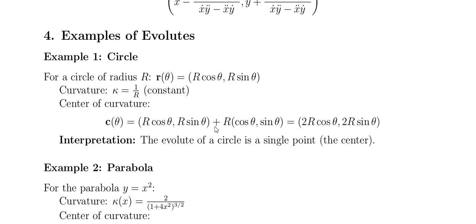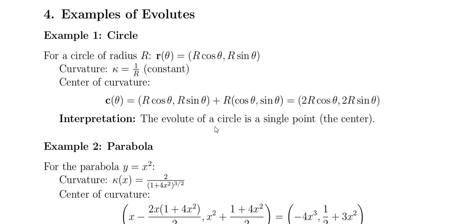And for the evolute, for a circle, r of theta equals (r cos theta, r sin theta). So what is the curvature? 1 by r, that is constant. Center of curvature: c of theta equals the vector (r cos theta, r sin theta) plus r into (cos theta, sin theta). That means this is the unit normal into the radius of curvature.